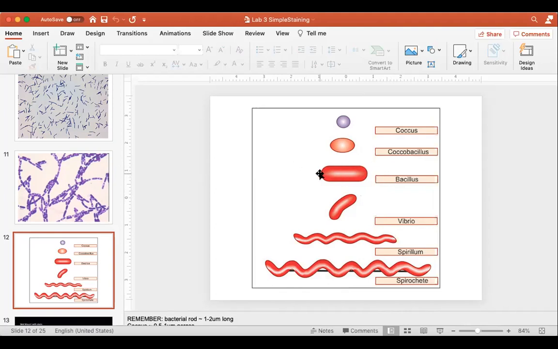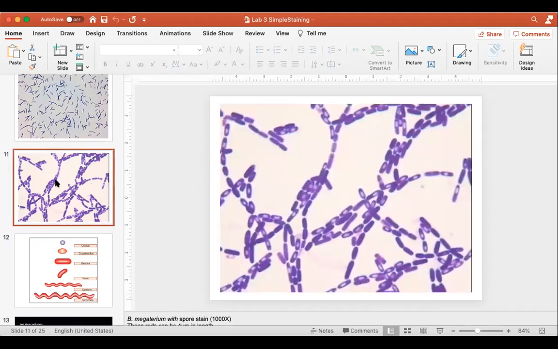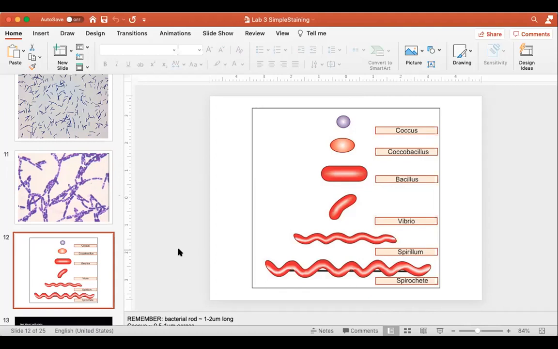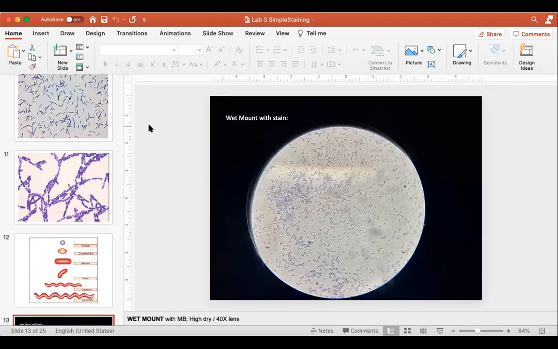Now, some, for example, Bacillus megaterium, can be 4 micrometers long or 5 micrometers long, but generally speaking, a couple of micrometers long. And again, we can see them under 40x, but we really want to go up to a 100x lens so that we can see them in the best detail. All right, let's look at some more.